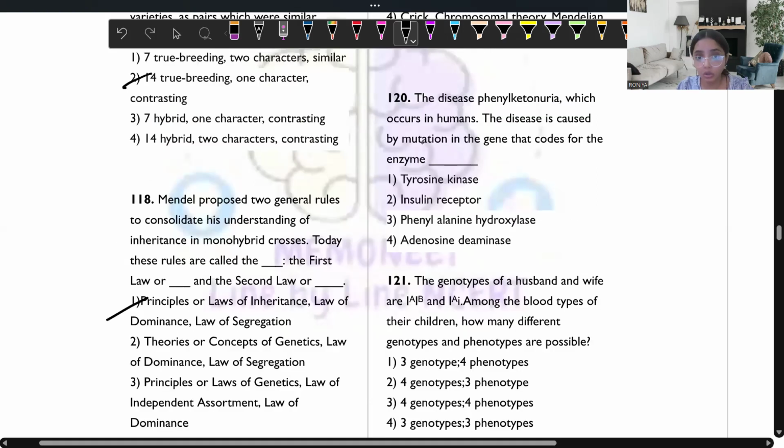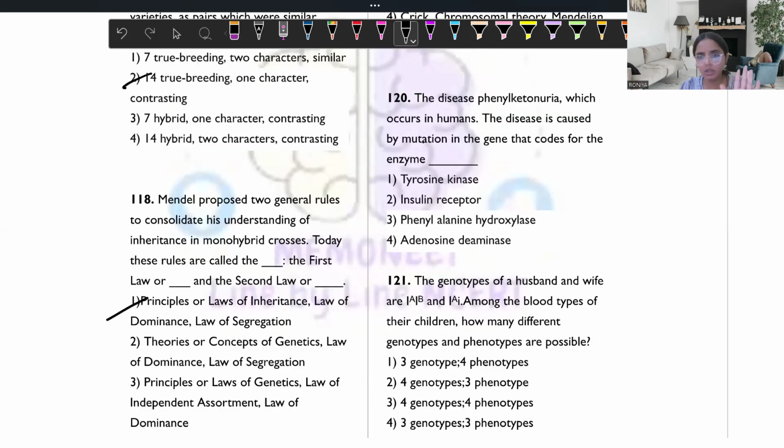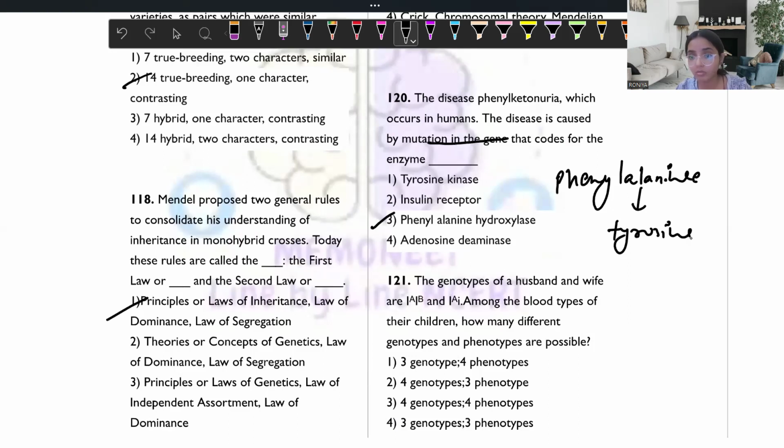The disease phenylketonuria occurs in humans. It is caused by a mutation in the gene that codes for the enzyme phenylalanine hydroxylase. Phenylalanine hydroxylase converts phenylalanine, an amino acid present in your body and mine, to tyrosine. If this enzyme is absent or mutated, phenylalanine cannot be converted to tyrosine.